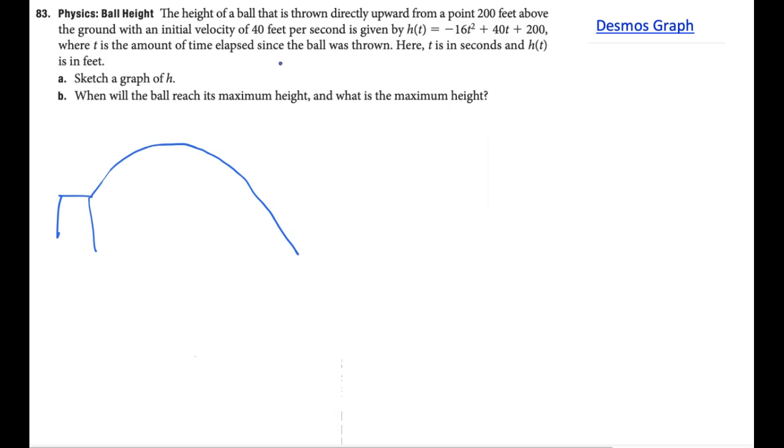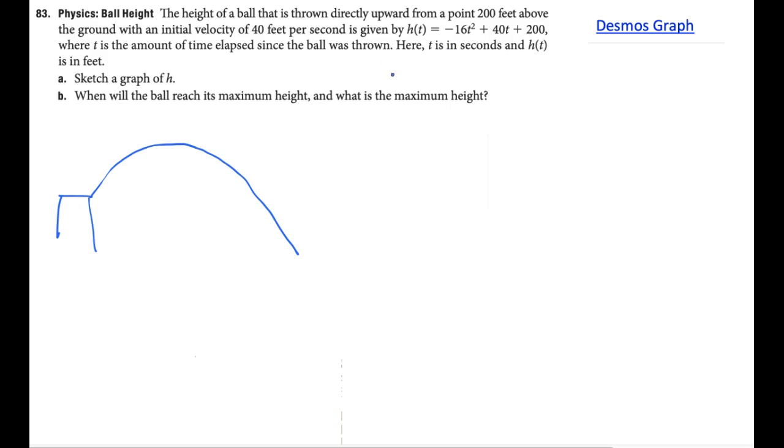And we're given the formula. So we don't need to worry about the 200 feet or the 40 feet per second, but you can see in the formula that they figured out already where the 40 and the 200 come into play. The 16 actually has to do with gravity, the acceleration due to gravity.